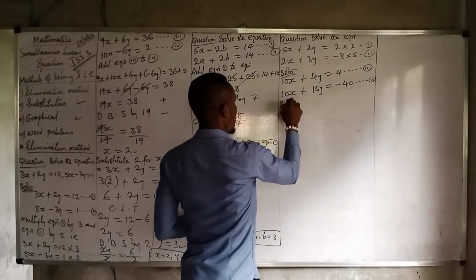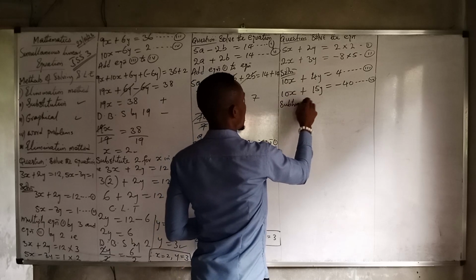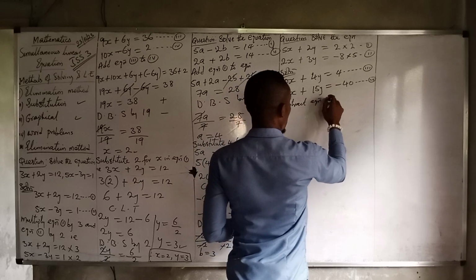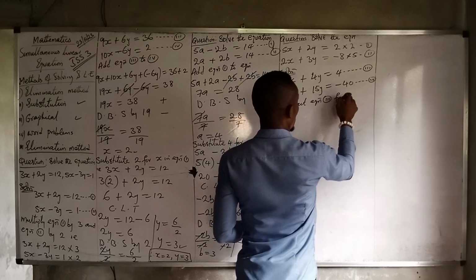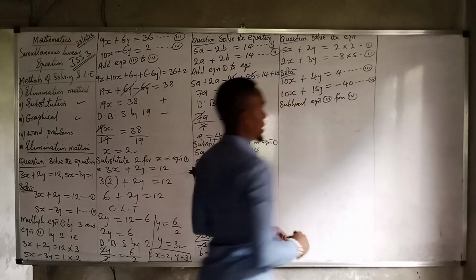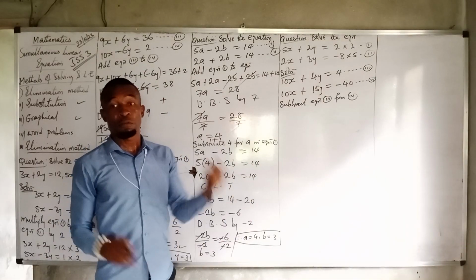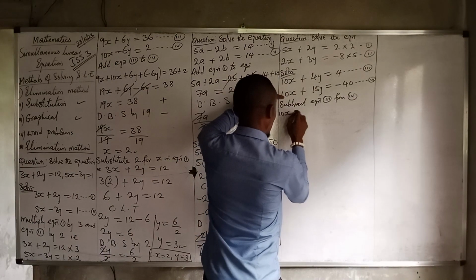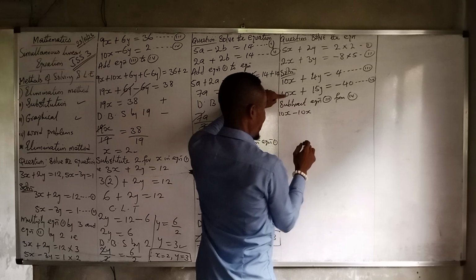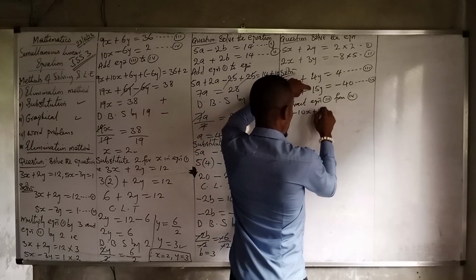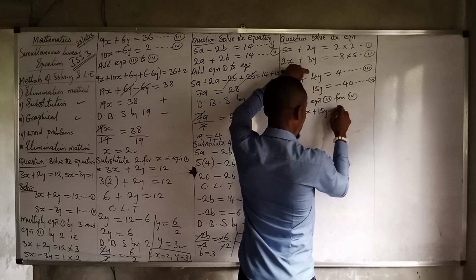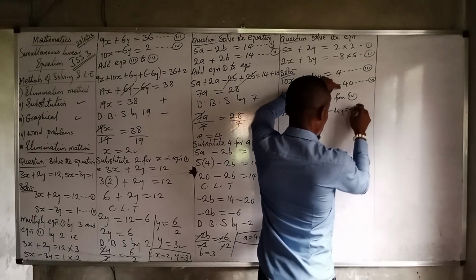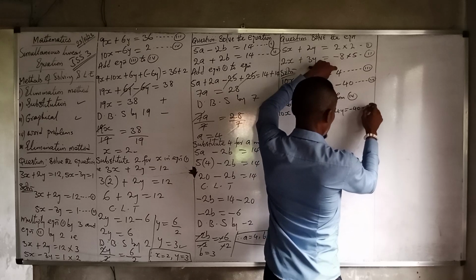So let's subtract equation 3 from equation 4. I have 10x minus 10x, then 15y minus 4y, equals minus 40 minus 4.